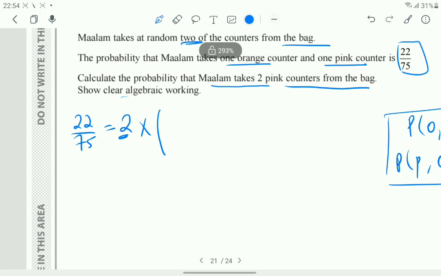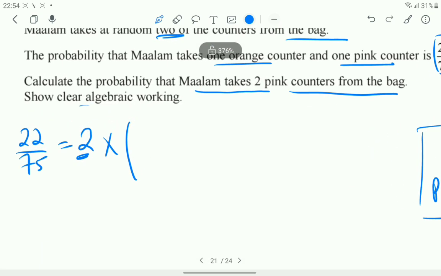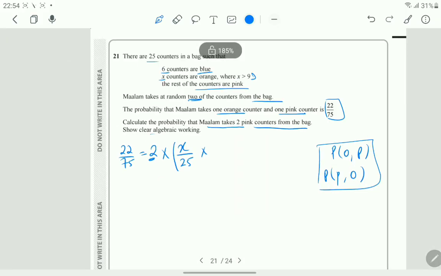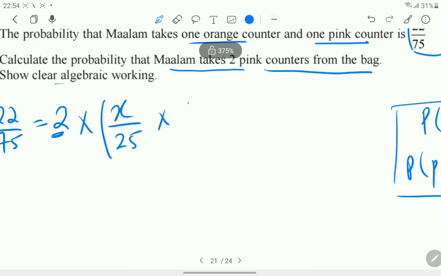Sorry, that glitch. So first of all, we know that the probability of picking an orange is x over 25. But since 6 of them are blue, we automatically know that they are irrelevant for us. So we have to choose from the 19 that are available, and among those 19, x are orange, so we also subtract that and we get 24.